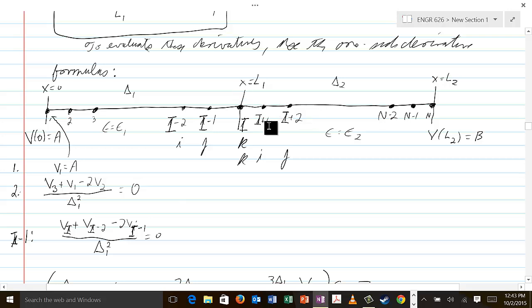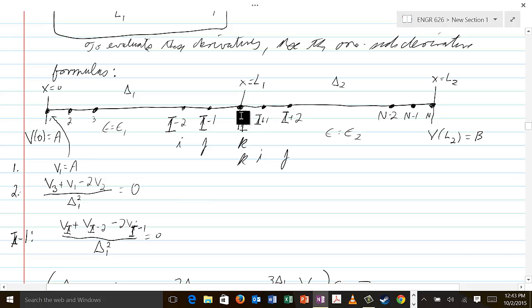For instance, at I plus 1 you'd have (V(i+2) + Vi - 2V(i+1))/delta 2 squared equal to 0. So the equations for all these nodes would be very familiar.